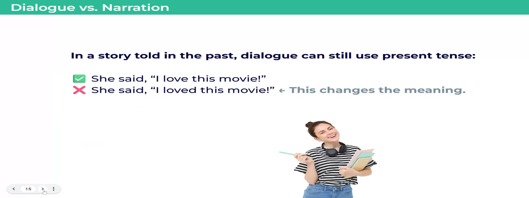Okay. Well, let's think now about two skills in story writing, using dialogue and using narration. So dialogue versus narration. So in a story told in the past, dialogue can still use the present tense. She said, I love this movie.